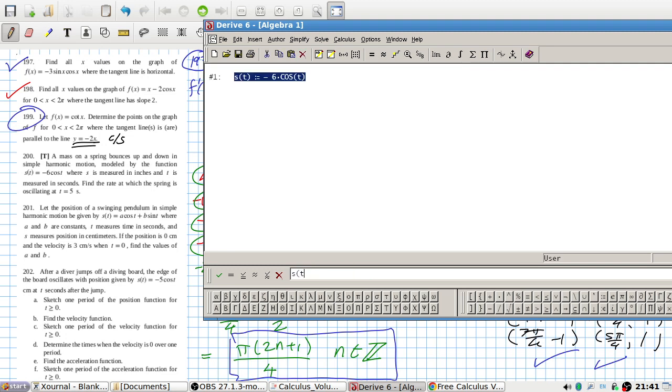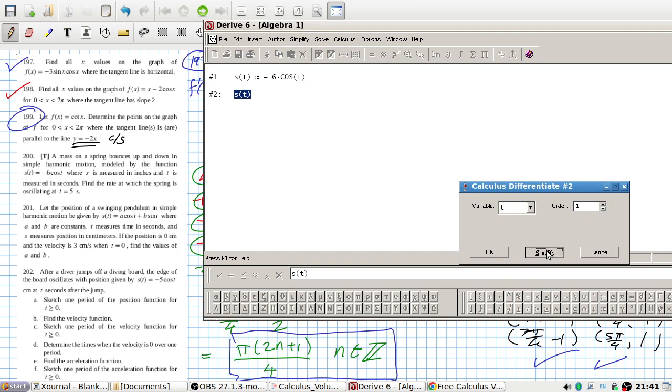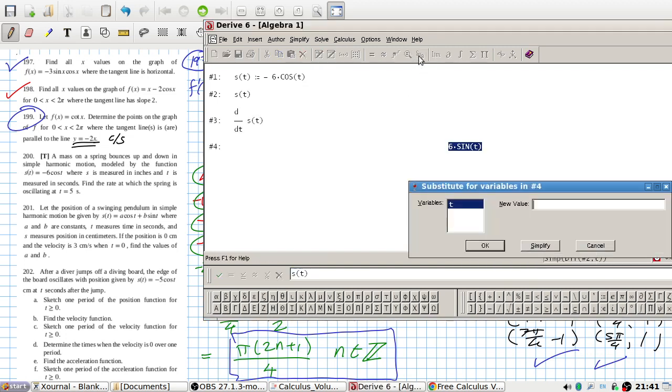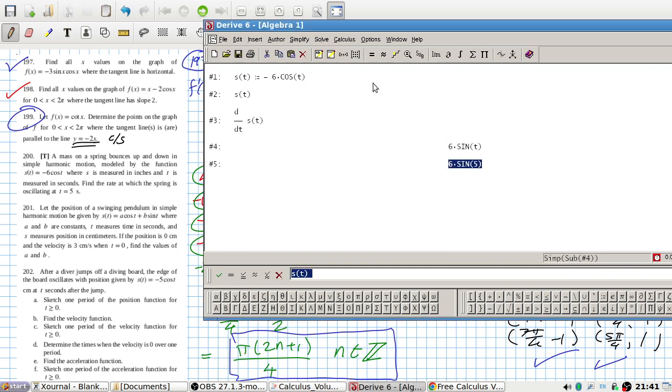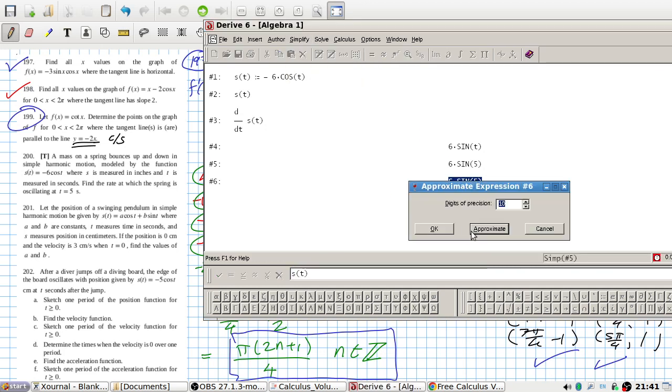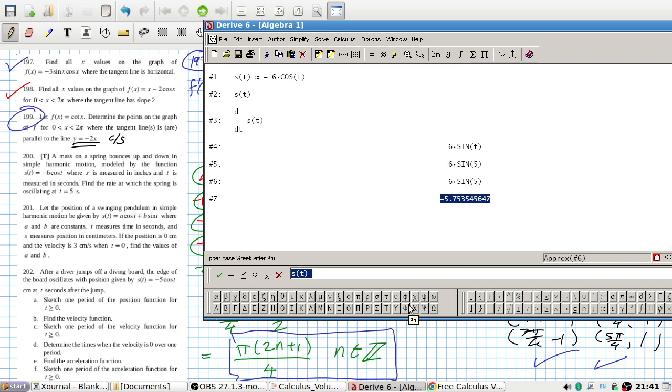Okay. Right, derivative, and then sub in 5. There we go.